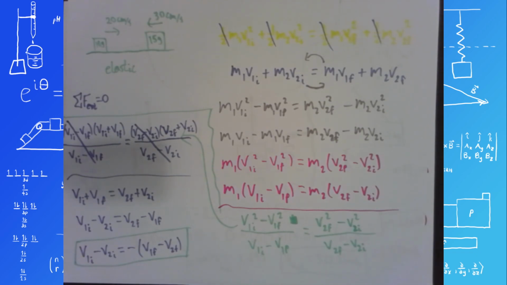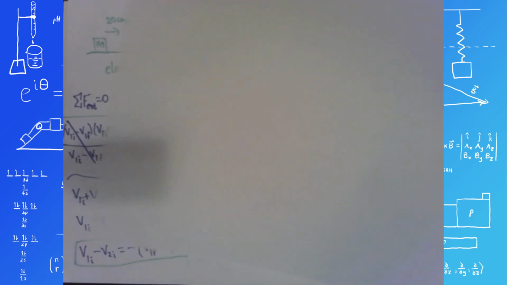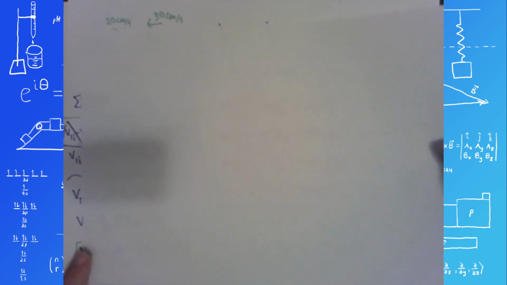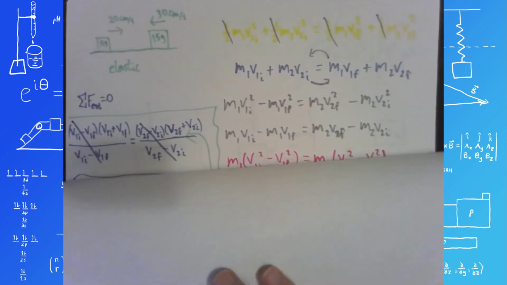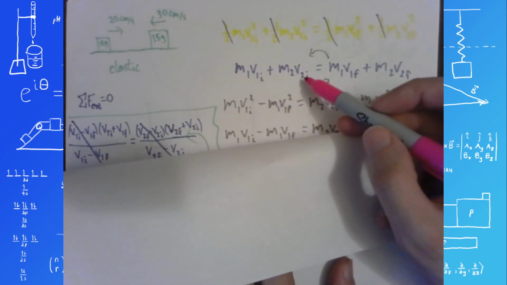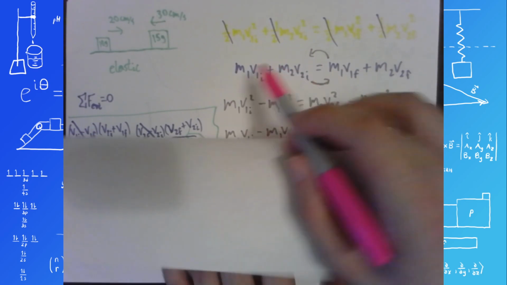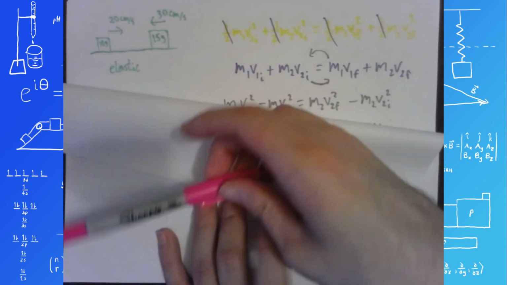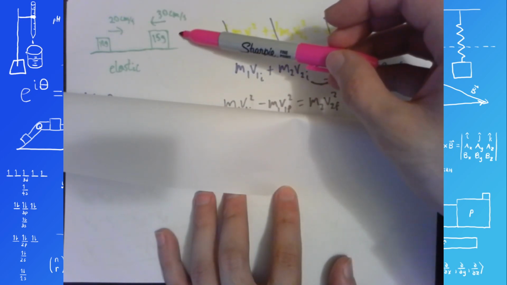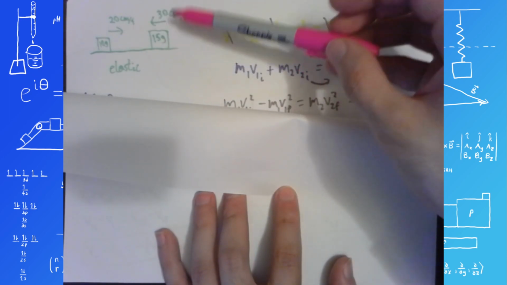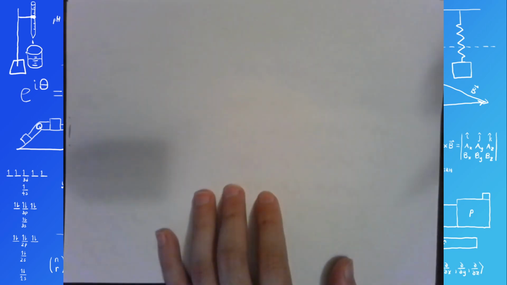If I go ahead and, well, I don't have enough room to write anything in here, so let me go ahead and grab a new sheet of paper. If I do my conservation of momentum equation, m1 v1 initial plus m2 v2 initial, so 10 grams times 20 centimeters per second plus 15 grams times negative 30 centimeters per second.